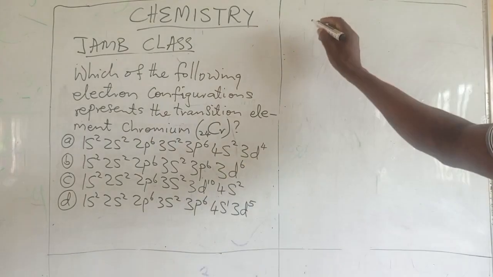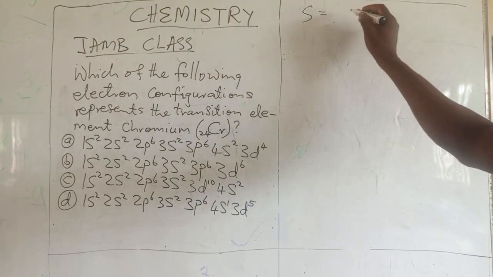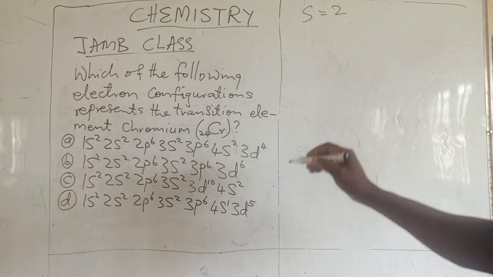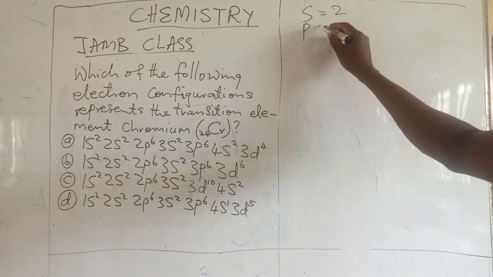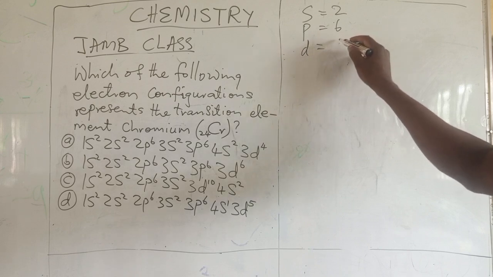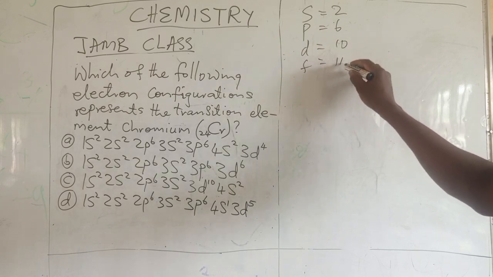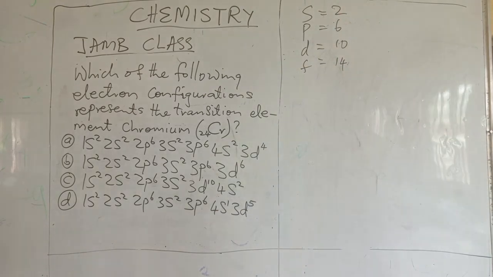Remember that the s orbital contains not more than 2 electrons. p contains not more than what? 6. d not more than 10. f not more than 14. A difference of 4, 4, 4.